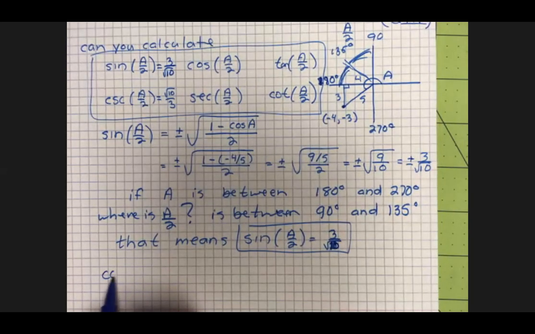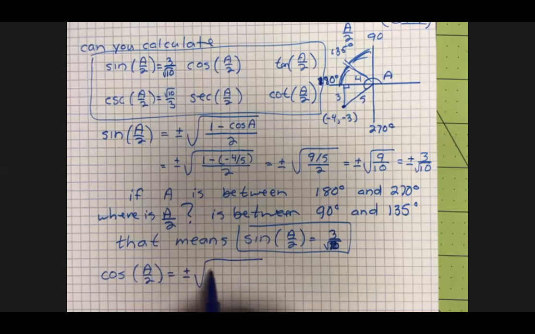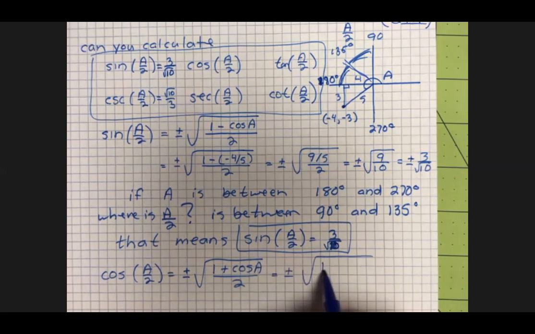Let's do the cosine of A over 2. It's the same formula, except it was 1 plus cosine A over 2. And we already said the cosine of A was minus 4/5. So 1 plus minus 4/5 this time over 2.